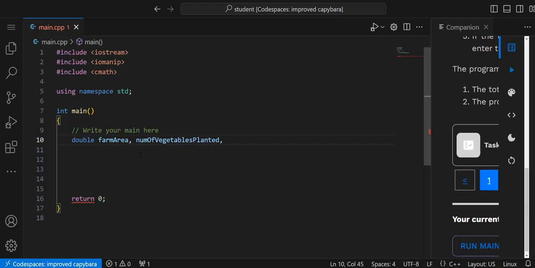Next, we'll have farm area for veg. And let's see, seed costs.